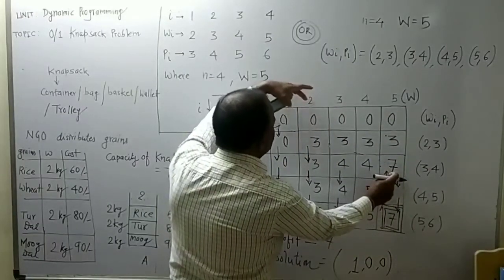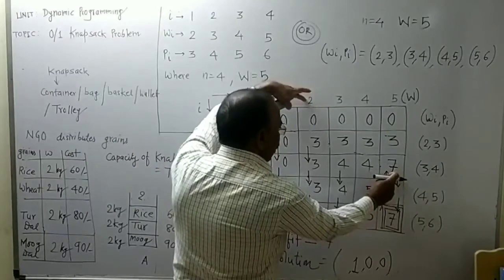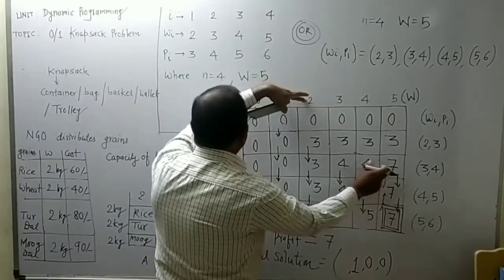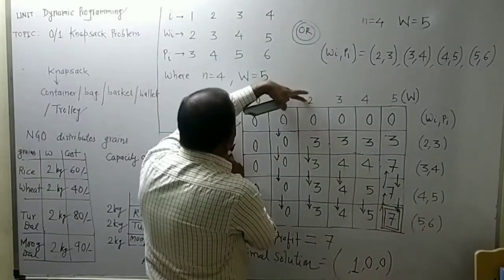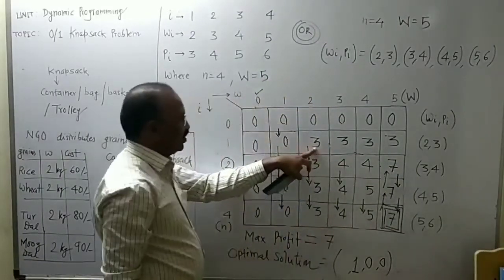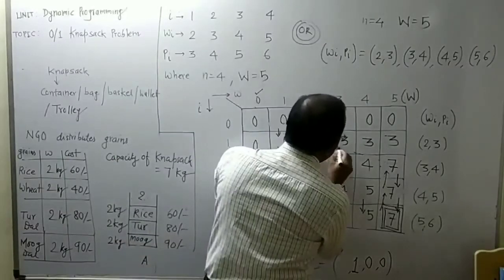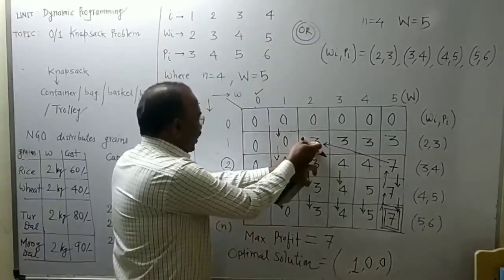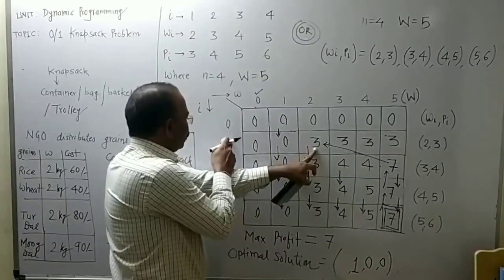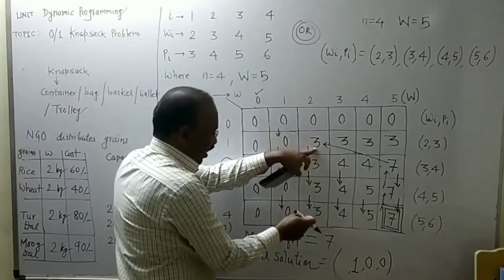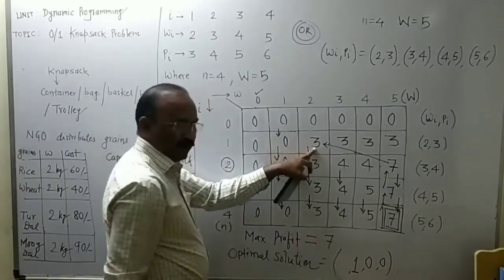Okay. Now this 2 is the column we have selected and the previous row is nothing but the first row. In the first row and the second column, we get the value 3. Now we are in the first row, which means we have to check whether 1 has to be selected or not.